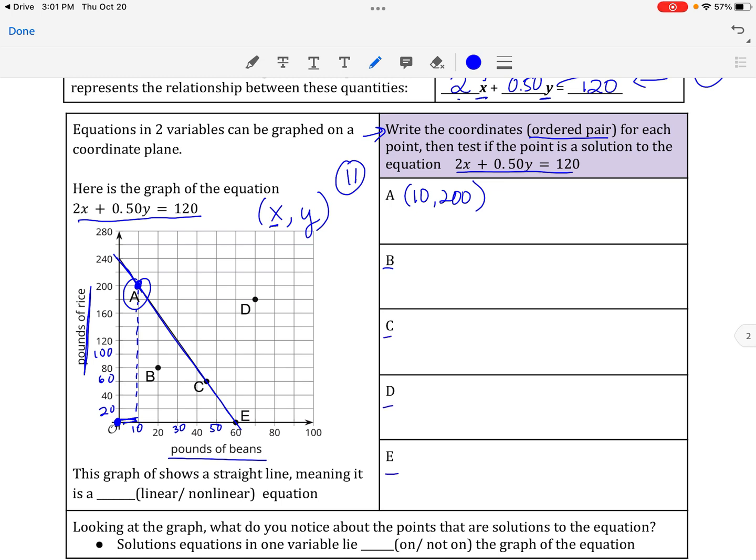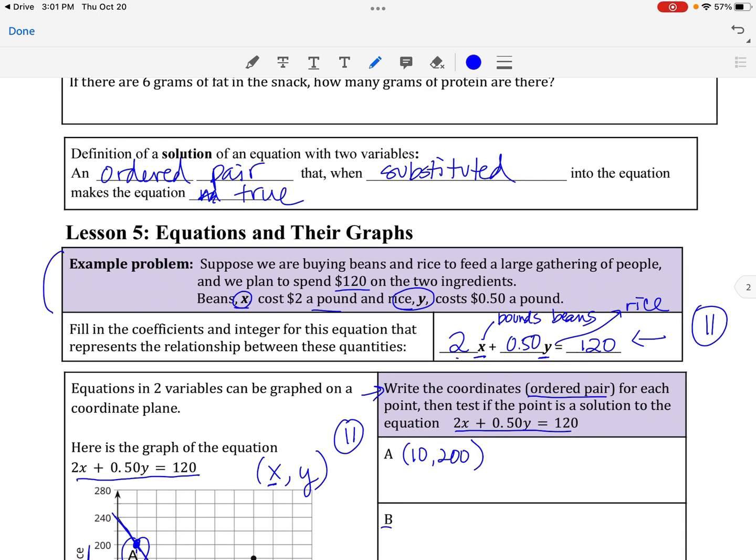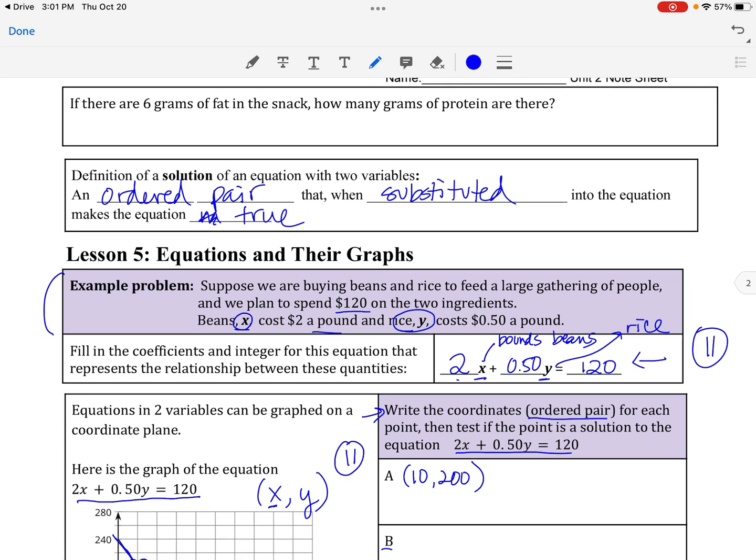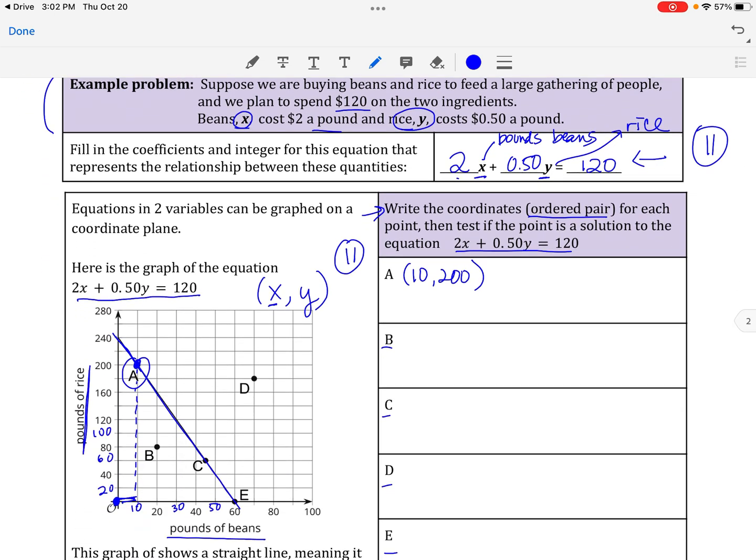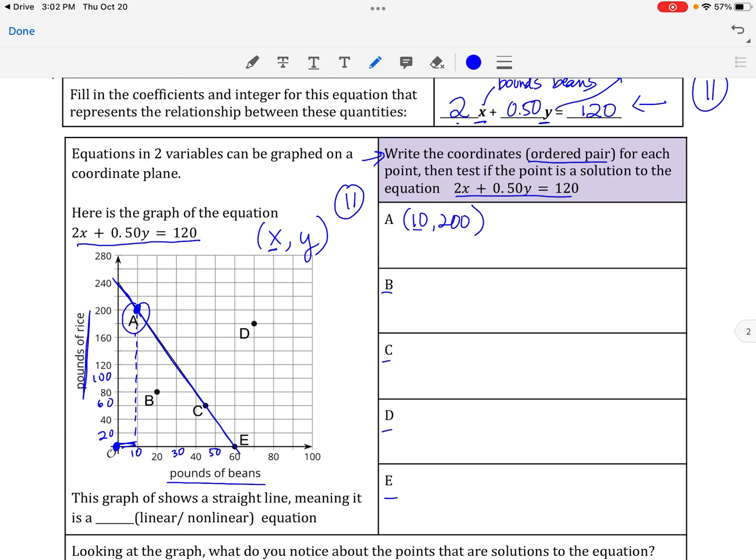All right, now coming back, we are going to see if they are solutions to the equation. If something is a solution to an equation, let's remember we have these notes earlier from lesson 4. The solution to an equation with two variables is an ordered pair that when substituted into the equation makes the equation true. So we're going to substitute this ordered pair, this is x, this is y, into our equation.